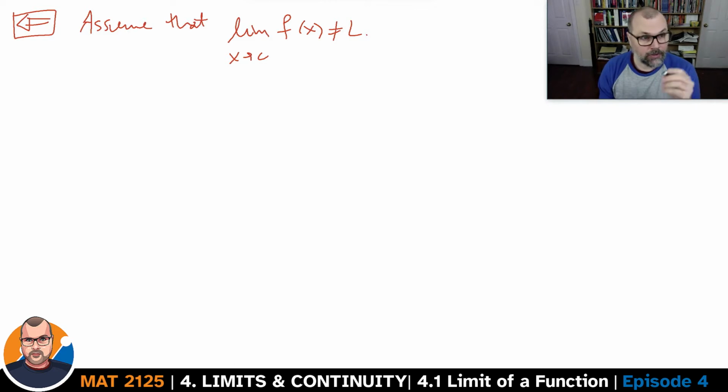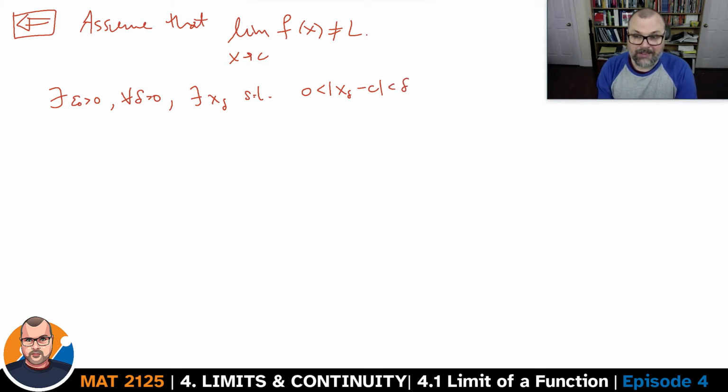The negation of the definition of limit tells us that there exists an epsilon 0 greater than 0, such that for every delta greater than 0, you can find an x delta such that the distance between x delta and c is smaller than delta, and this x delta is part of the domain of the function, but for which the difference between f(x delta) and L is greater than or equal to epsilon 0.